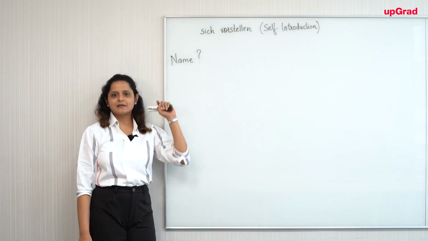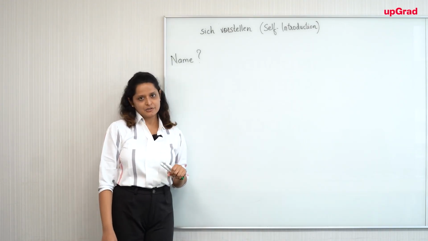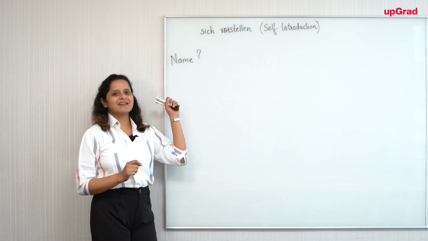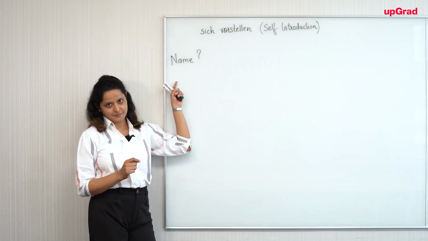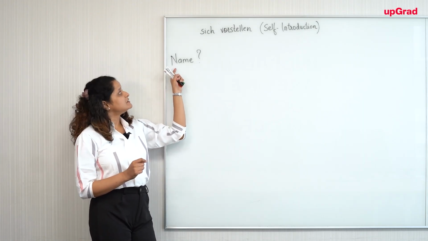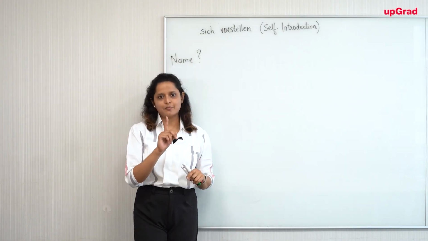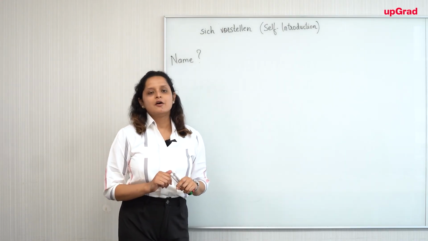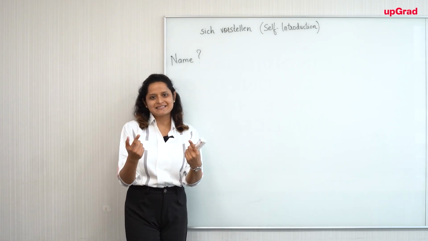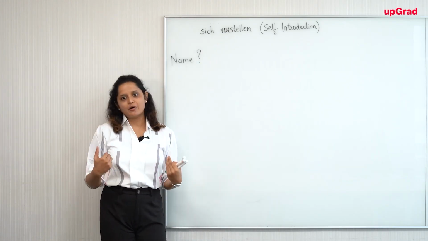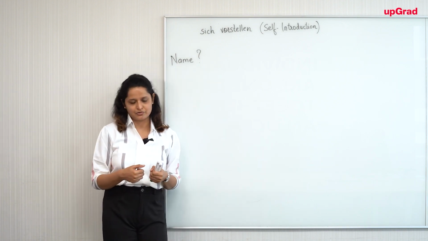If you see, the spelling does look similar to what we have in English, but the pronunciation here is going to be different. In Deutsch, we pronounce this as Name. Okay, so your name is called Name. So this is the first point of introduction that we have, where we will be learning how to ask somebody their name in the form of a question and how to respond if we get asked that question.